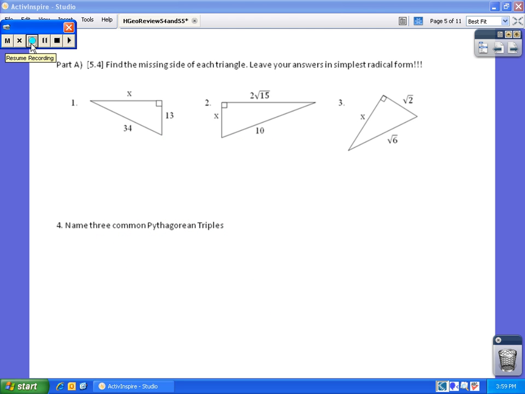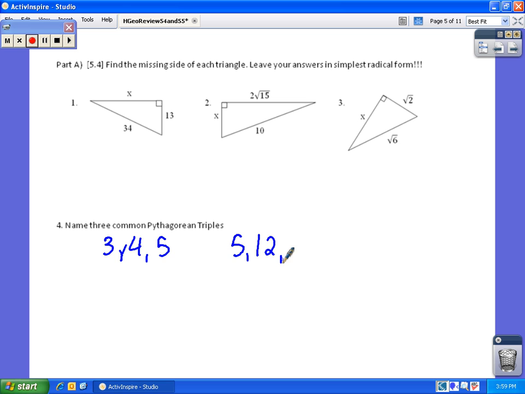Some common Pythagorean triples are 3, 4, 5; 5, 12, 13; 7, 24, 25. Remember, the definition of a Pythagorean triple is whenever the three side lengths of a right triangle are all integer numbers.